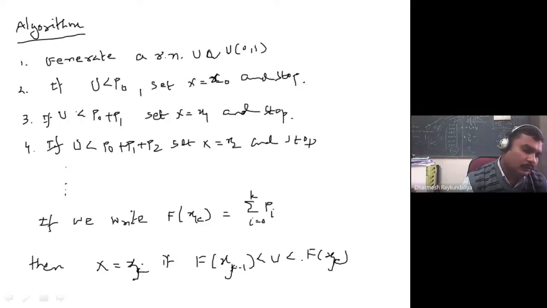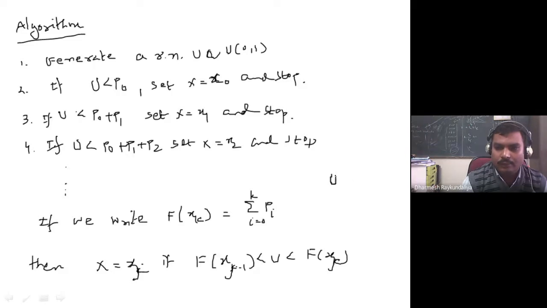So it is as good as saying that we apply the inverse transformation method. We generate a random number u and then we see whether u belongs to this interval, then we say that xj is generated. That was the same thing we are doing.